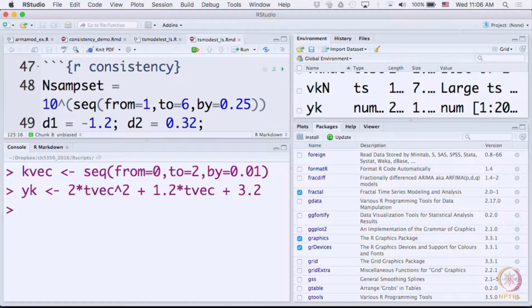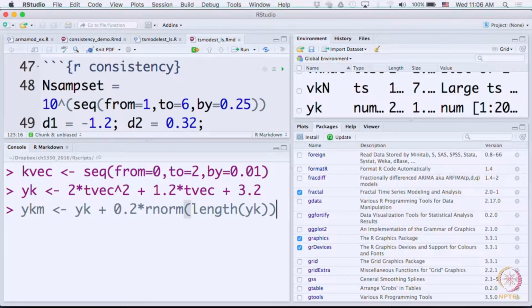Let us assume that we do not have yk, but rather measurements of yk, where we add some noise to yk. As you can see, the second term represents measurement error, or whatever cannot be explained by your quadratic polynomial.